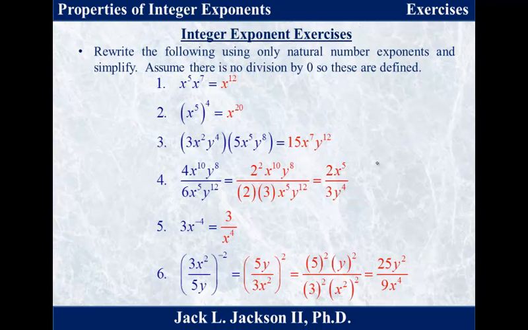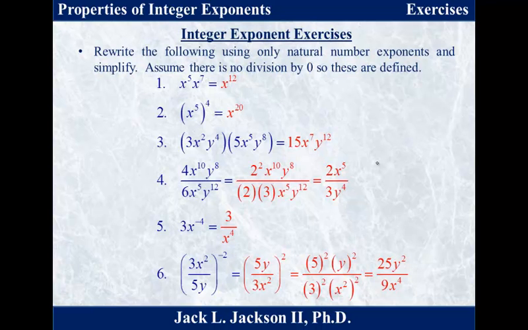So we end up with 15, x to the 7th, y to the 12th. So notice to do that, I had to use some associativity and commutativity to put things in the right order and grouping that I wanted. And then I also used how to multiply 3 times 5, and also the properties of exponents to add those exponents together. That was property number 1.